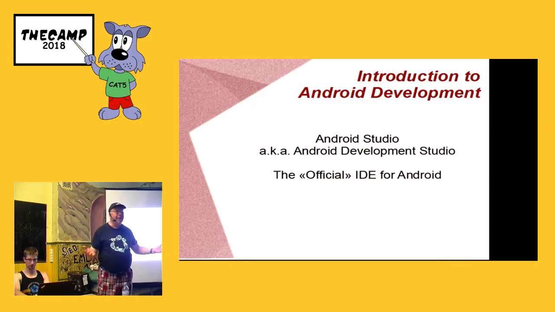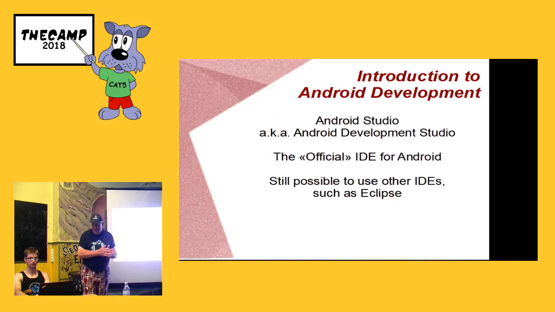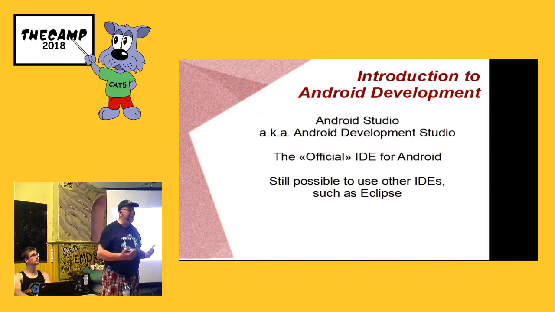But now we have this new product that Google says we will use, so we use it. It still is possible to use other IDEs, and an interactive development environment is very personal. People have it customized exactly the way they want it, and some people refuse to switch to this.